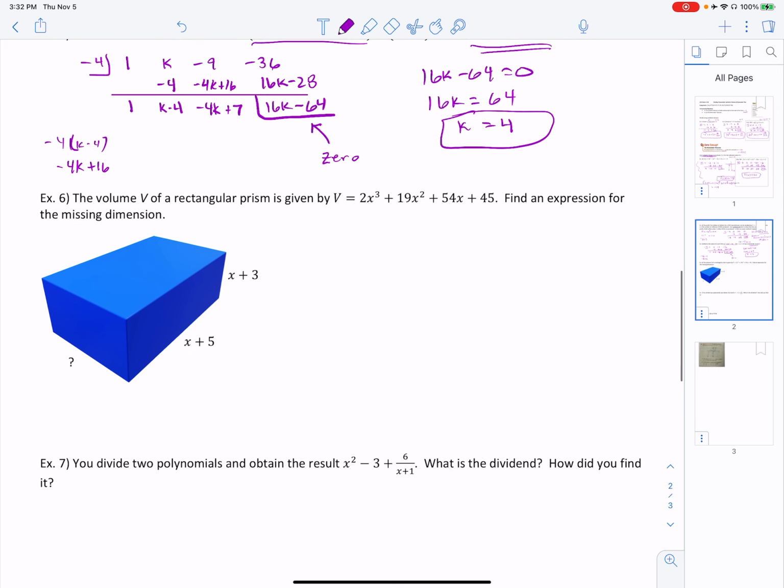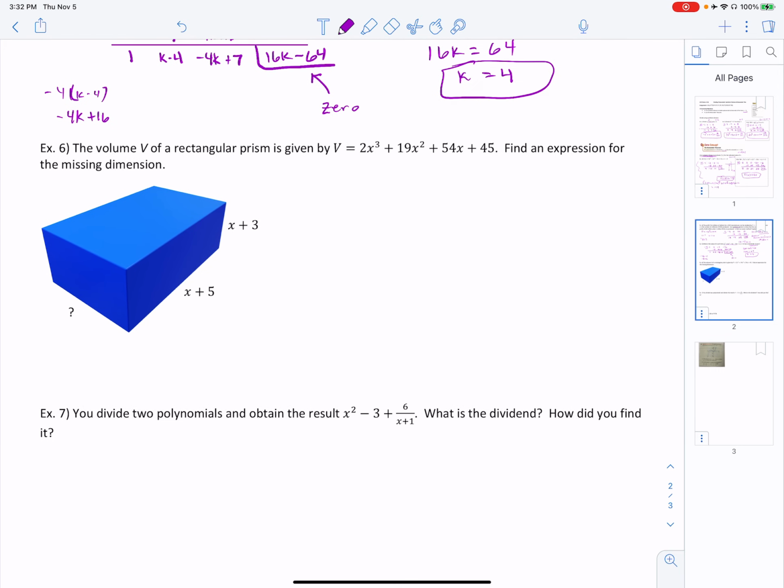All right, example 6. They tell you the volume of this is this. Find an expression for the missing dimension, which is right here. And volume is length times width times height.